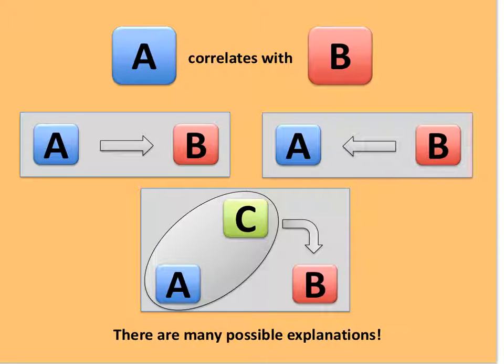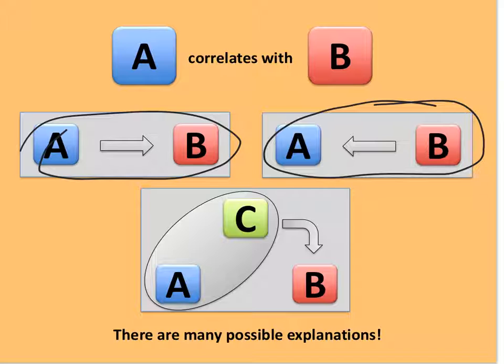If there is a correlation, you might say, well, maybe one thing does cause the other. So in this case, A, for example, is correlated with B, or B is correlated with A. Does A cause B?